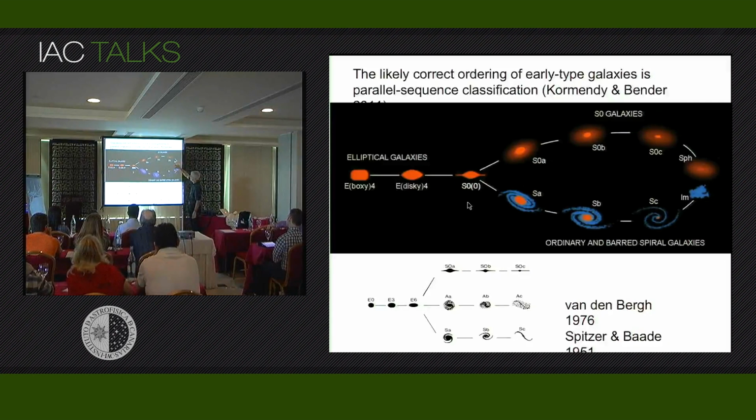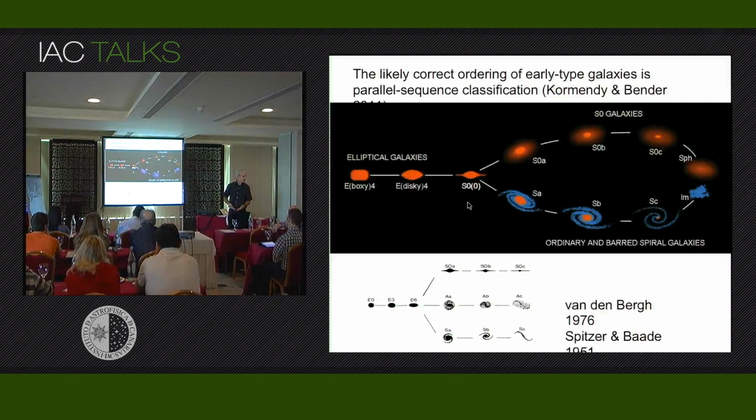And here's Kormendy and Bender's rearrangement, where they put the spheroidal galaxies, the old dE, dS0s, next to the Im's. And there's a little bit of a stretch here from Sc to Im that includes the extreme late types that may contribute to some of these in this narrow end here. And so here we have the parallel sequence classification, the spiral sequence and the Sph's here. It's an interesting take.